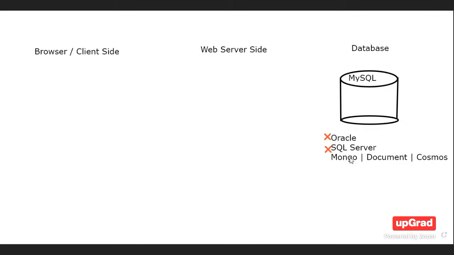Mongo, Document and Cosmos are more for when we are collecting data from WhatsApp messages, Facebook feeds, or Twitter tweets, from a variety of different sources. It's not NoSQL data. That's the reason we will not be using NoSQL databases like Mongo, Document and Cosmos.